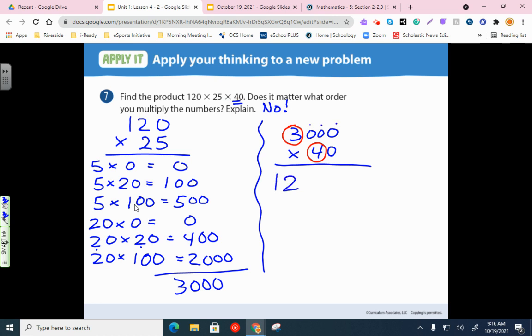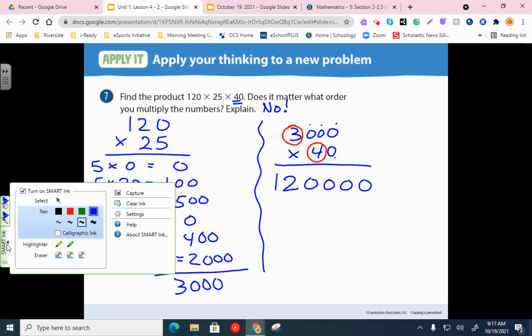Then I have 1, 2, 3, 4 zeros. And then I get my final answer of 120,000. Hold on to that number because we're going to need that for the next question. But remember, like I said, over here on the right, if you've got 2 numbers with zeros, you can just multiply them and then put on your zeros.